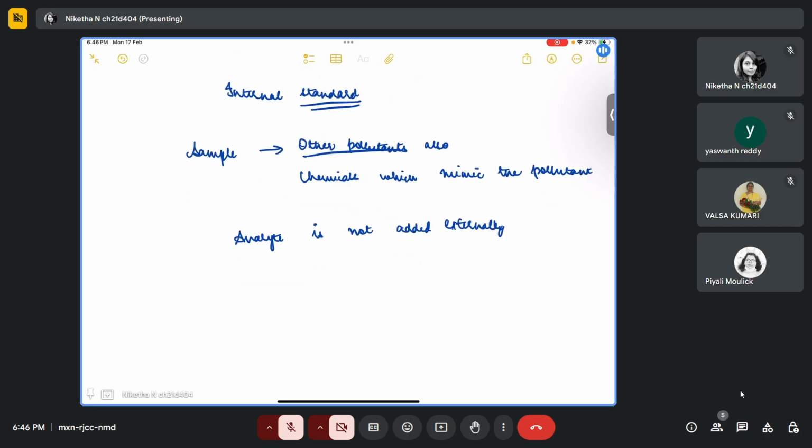So this is the case when we want to analyze maybe a water sample which already has some unknown concentration of the chemical, and we want to check how much it is, but we don't know how it will behave in the presence of other contaminants, and how much efficiency it is going to show for extraction. So all this can be done with the help of an internal standard. So the internal standard is going to behave just like this chemical. So using the internal standard itself, we can say how much efficiency of extraction is going to be there.